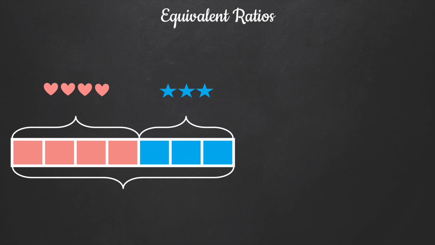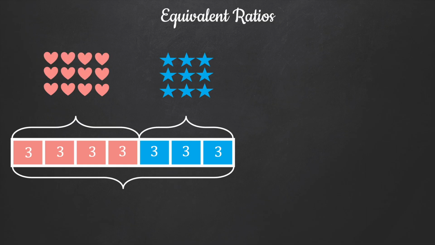All right. So now taking our original 4 hearts and 3 stars, what we're going to do is we're going to triple it. So now we have 12 hearts, 9 stars, and 21 total shapes.